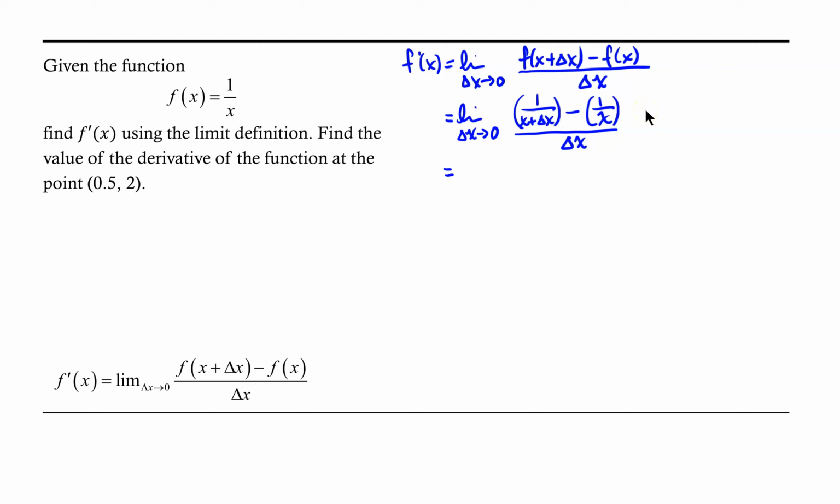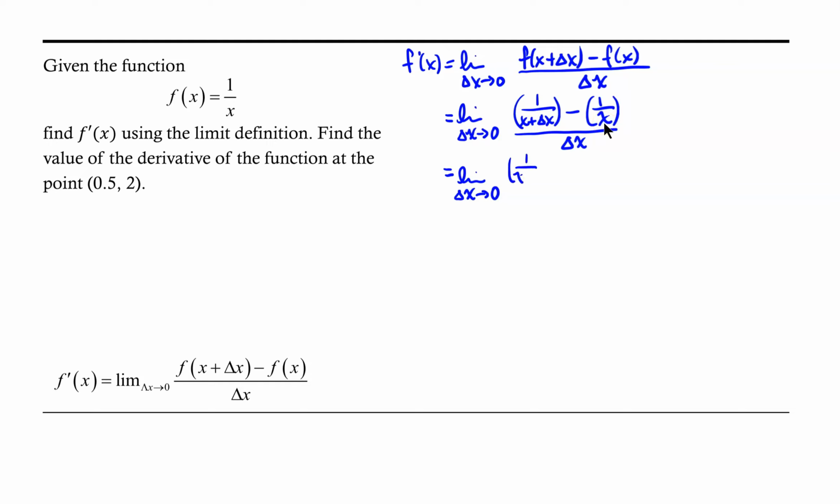So we will have the limit as delta x goes to 0. To combine my two pieces in my numerator, I need a common denominator. That common denominator is going to end up being the product of my two denominators because they have no common factors.